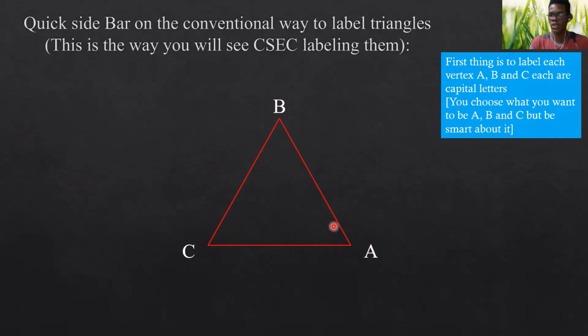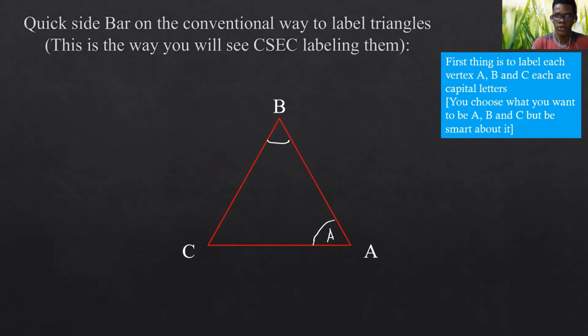Now, that's the vertex, and the vertex is associated with the angle right next to it. So any angle that's here will be called angle capital A. The capital A is the label for any angle here. I don't think that's in the slide, so I'll write it in. Yes, A is the label of the vertex, but what's more important is that it's the label of the angle between there.